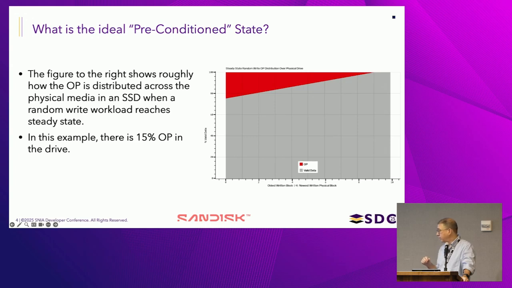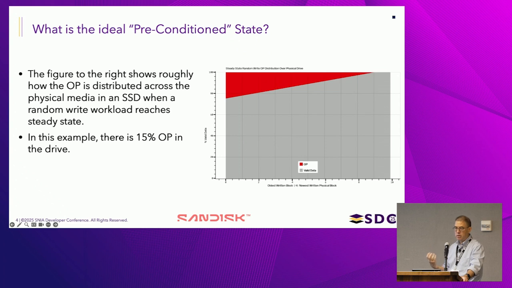And what that distribution looks like is shown in this diagram here. The way to interpret this diagram is to imagine the full rectangle being the physical capacity of the drive, the physical media. The gray area is the logical capacity of the drive that we export to the user, and the red portion is what we call the overprovisioning.